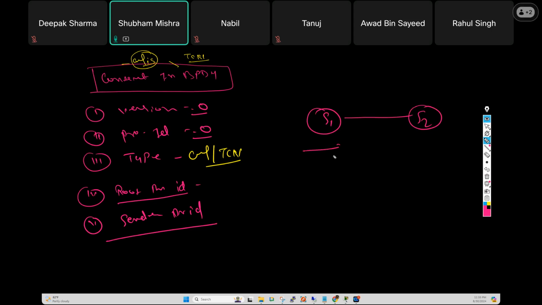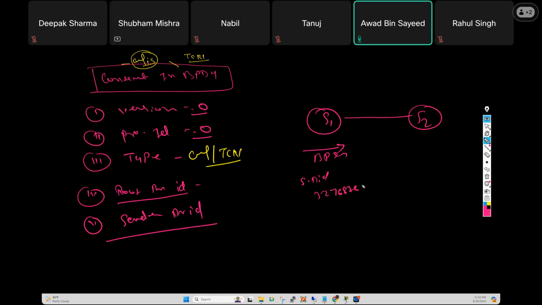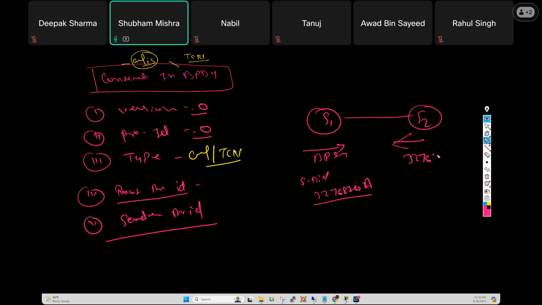If switch number 1 is sending the BPDU, what is the sender bridge ID? 32768 plus 0A. And if switch number 2 is sending the BPDU, what is the sender bridge ID? 32768 plus 0B. Sender bridge ID means the bridge ID of the sender switch or sender device. Clear, everyone? Yes, sir.